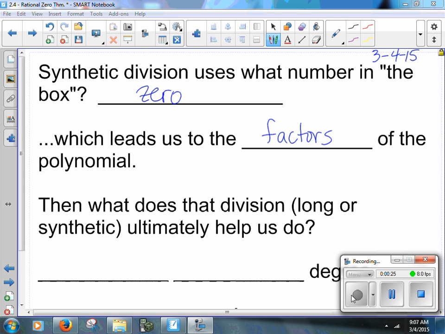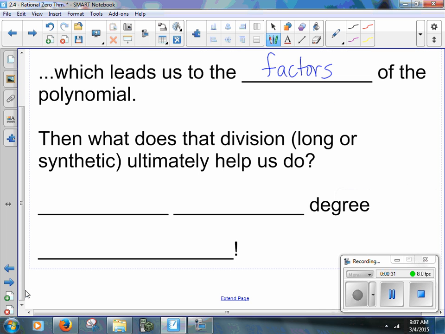Then what does that division, long division or synthetic division, ultimately help us do? Factor higher degree polynomials.